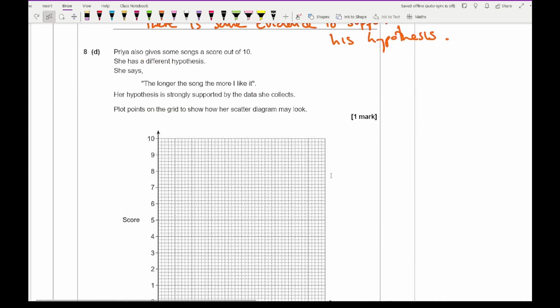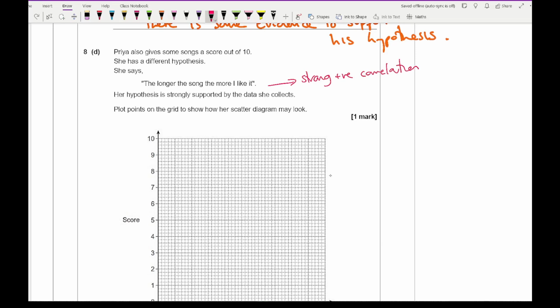Then for question 8D, it says Priya also gives some songs a score out of 10. She has a different hypothesis. She says that the longer the songs, the more I like it. Her hypothesis is strongly supported by the data she collects, plot points on the grid to show how her scatter graph may look. Now, this sounds to me like it's going to have strong positive correlation.